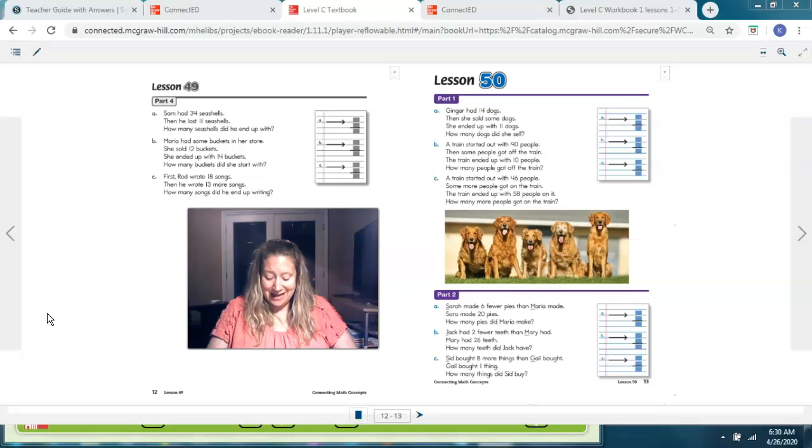Ginger had 14 dogs. Then she sold some dogs. She ended up with 11 dogs. How many dogs did she sell? We first need to identify the action sentence, the sentence that tells what she did to get more or less.